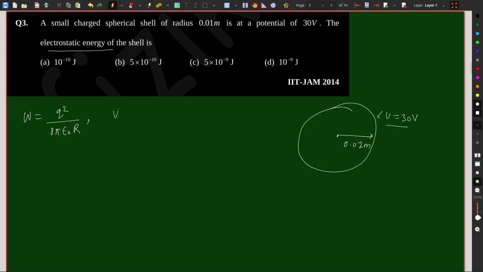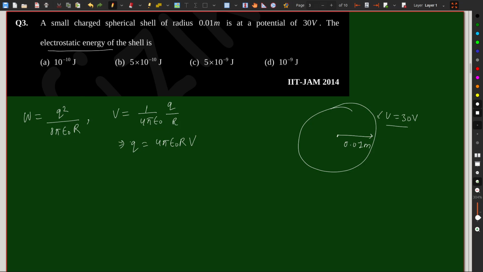Potential for a spherical cell is given by 1 over 4 pi epsilon naught Q over R. So from here we can calculate Q equal to 4 pi epsilon naught R and V.